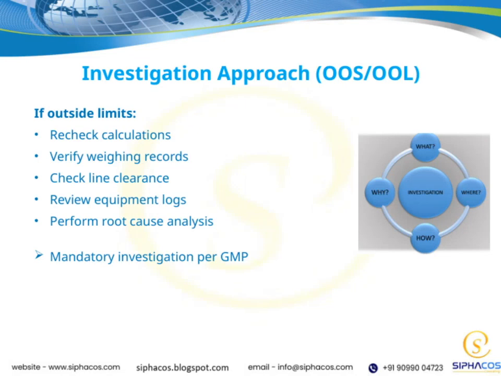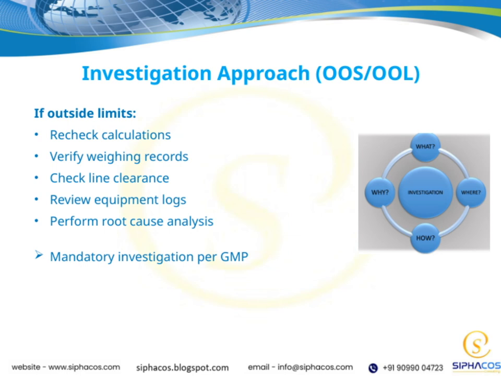Let's talk about the investigation approach when something falls outside the established limits. The first step is to recheck calculations to ensure there are no errors. Next, we verify the weighing records, making sure all data is accurate and consistent. It's also important to check line clearance to confirm that there was no contamination or mix-up during the process.